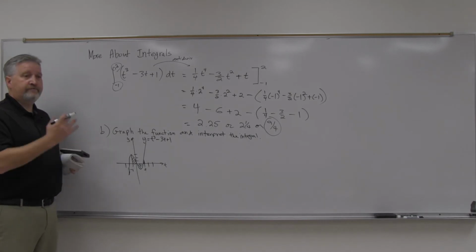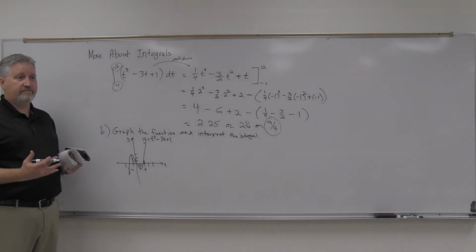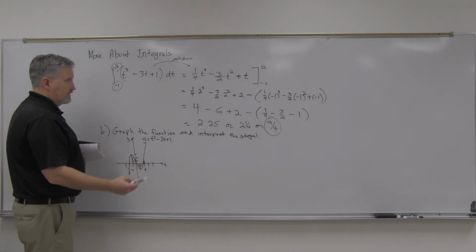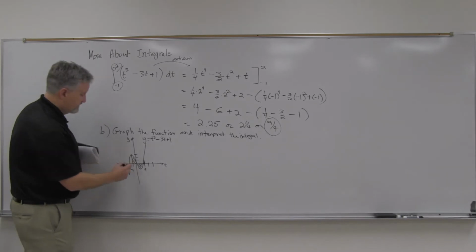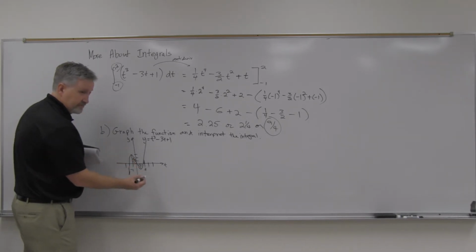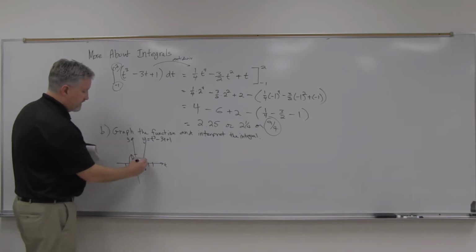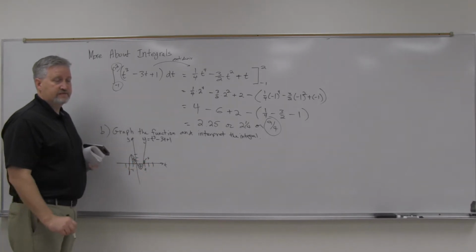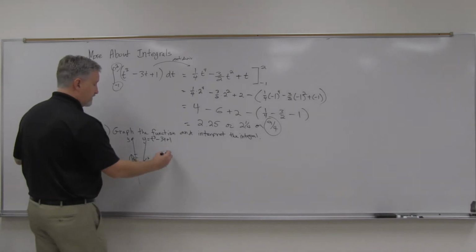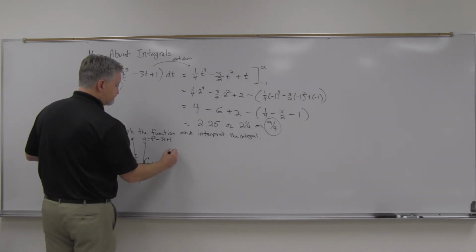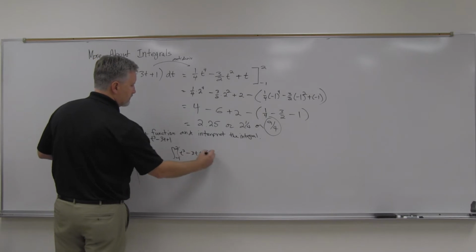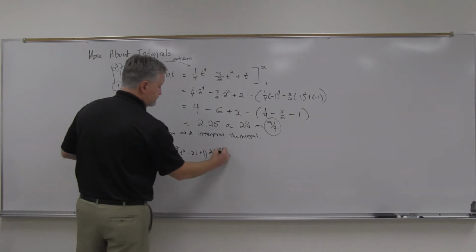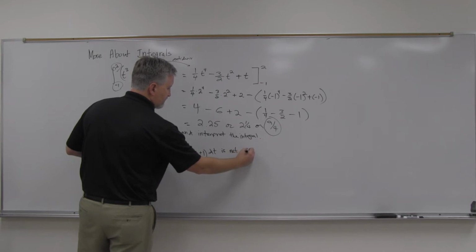It's not necessarily a total area, depending on your definition of total, but a better way to think of it is a net area. This area here is positive, this area is below the x-axis, so it'd be negative, and then you've got another little positive sliver right there. So what the integral gives is that net area between the curve and the x-axis.